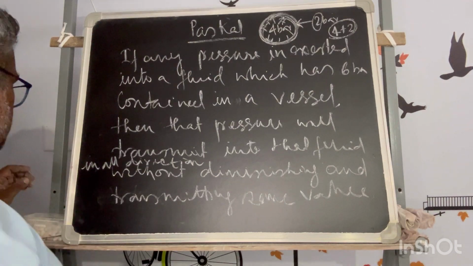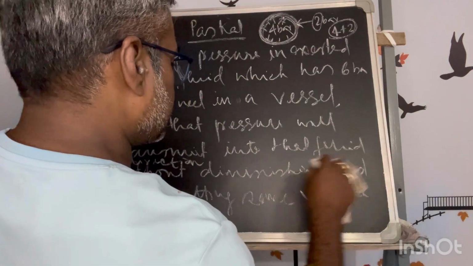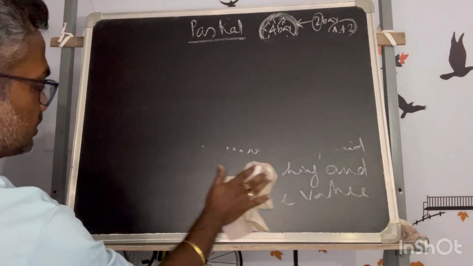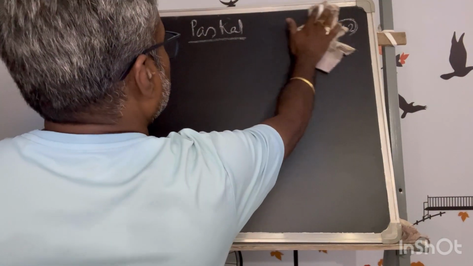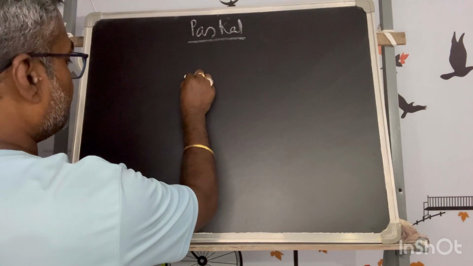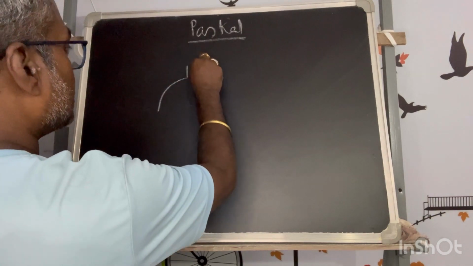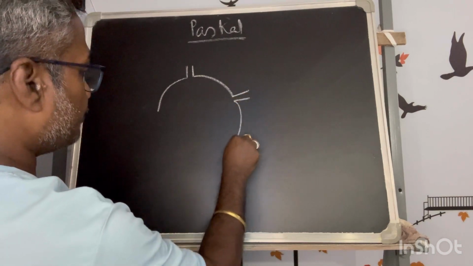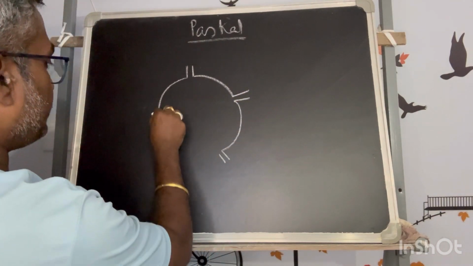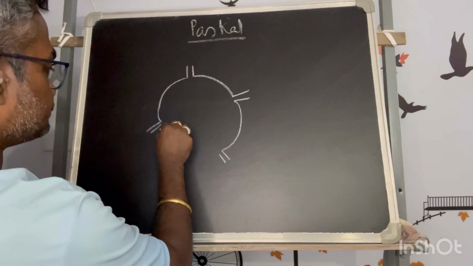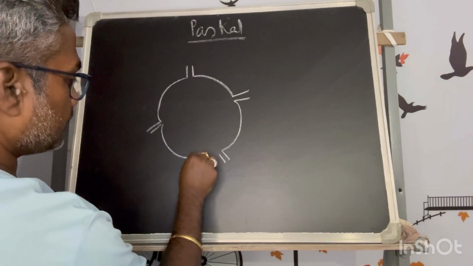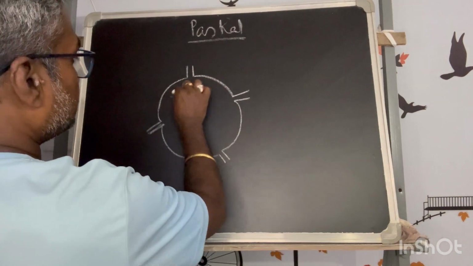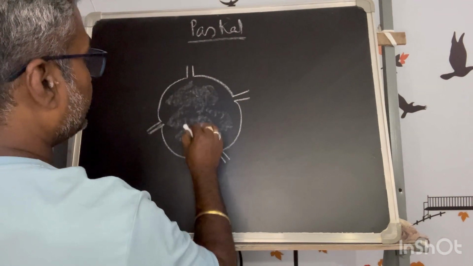Now if it is possible to get such a vessel, I am drawing a vessel, and you will understand what I am saying further. Let's say there is a vessel with different openings in different directions. This already has some liquid.